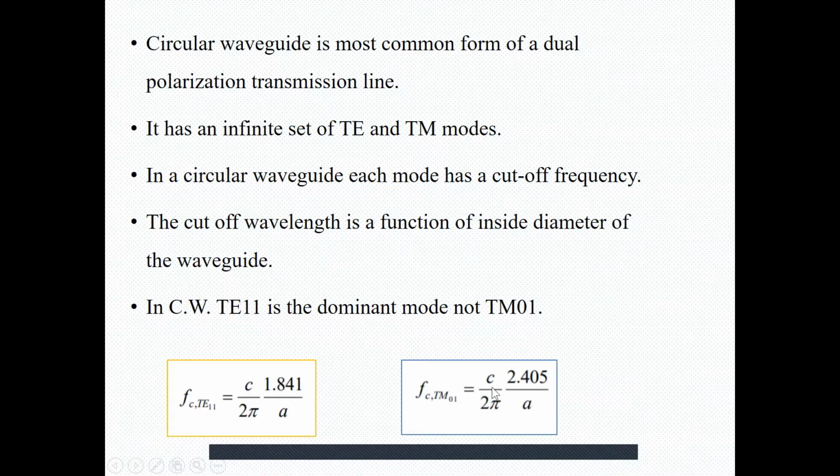You can see that when we solve these cutoff frequencies for a given diameter, we will find that the TE11 mode is the dominant mode, having the lowest cutoff frequency.